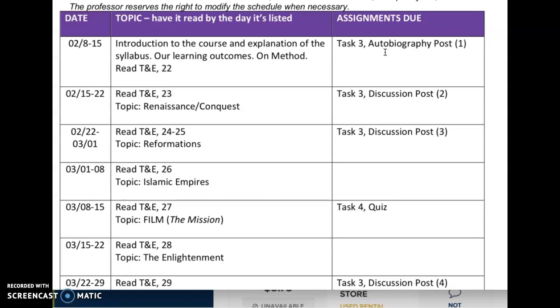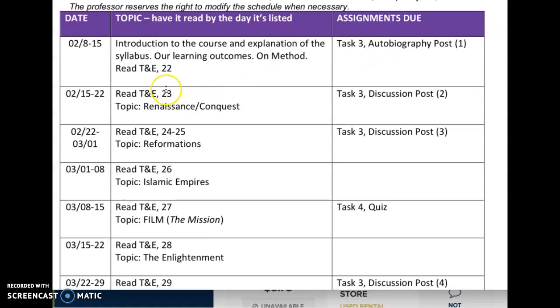My advice is try to post by Thursday morning, Friday morning, something like that. It leaves less anxiety about having to wait till Sunday night to do your response post to another student. So you want to make sure to post early so you have time to do the response. And again, you can read in the syllabus about that.